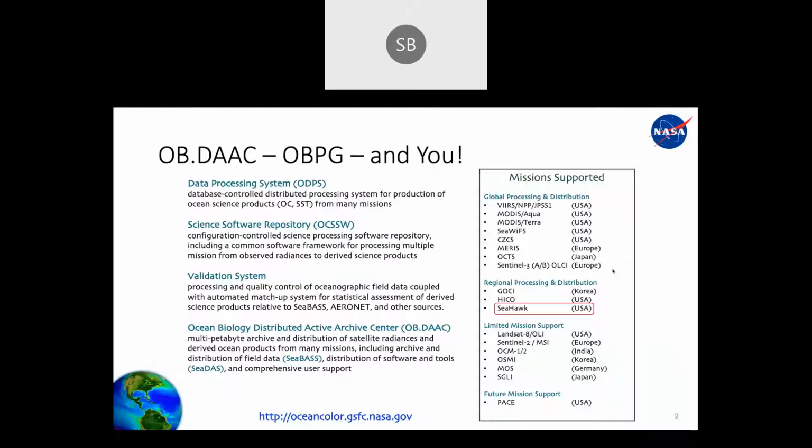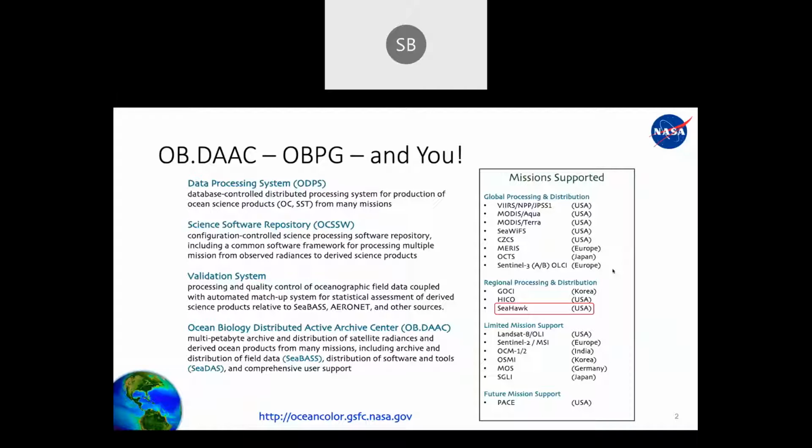In addition to that, through our CDAS application, we provide support for a number of missions that we do not archive or distribute, to make it possible for users to process those data as ocean color, if they're ocean color capable, such as the OLI instrument on Landsat 8, the MSI instrument on the Sentinel-2 platforms, OSMI, OCM from India and Korea, an old instrument called MOS from Germany, and a recent launch from Japan, a replacement of OCTS called SGLI.